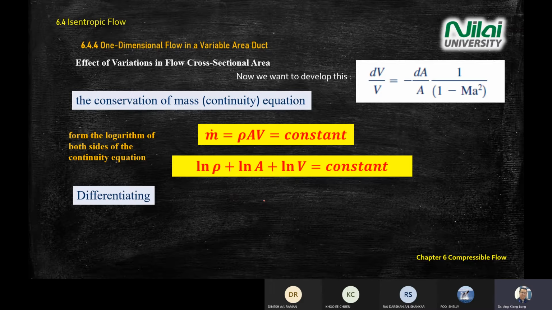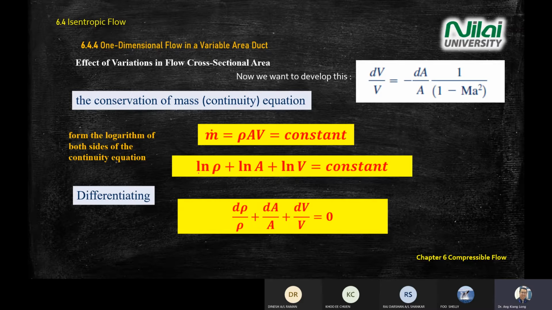Next, you differentiate them. You can write in terms of d rho, density: the first one is density, the second one is area, the third one is velocity. When you write in differentiation format, they will become this way.